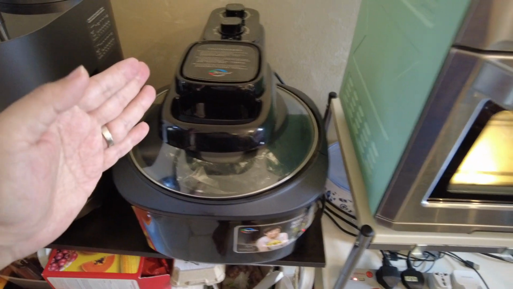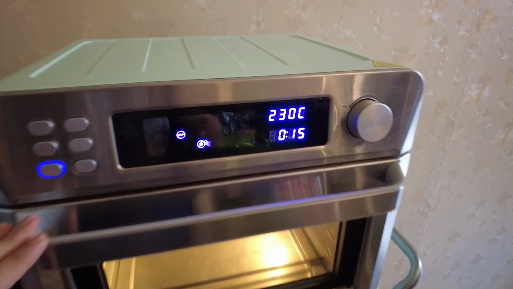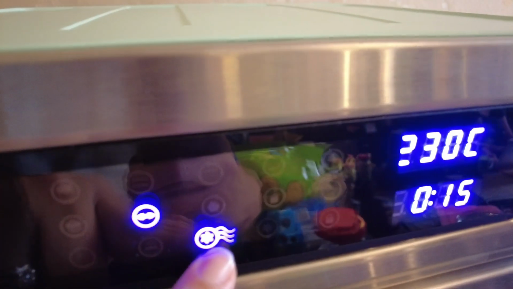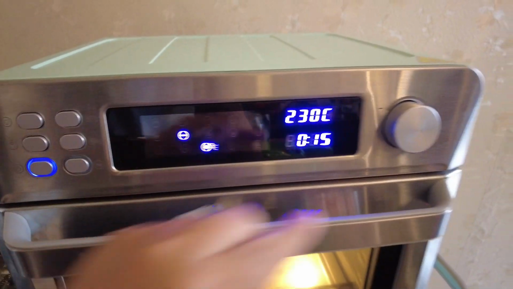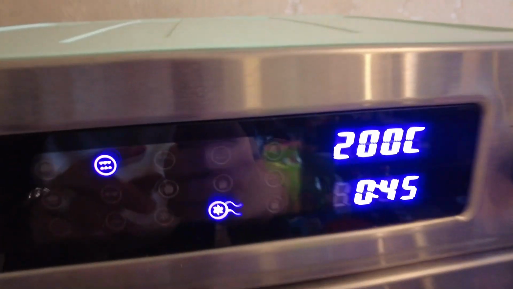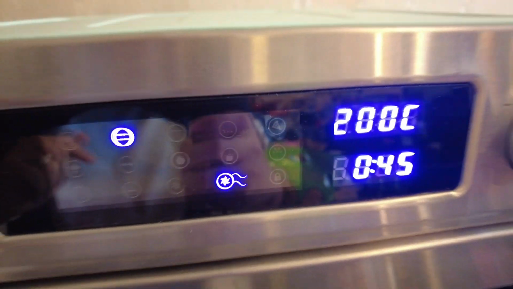But the Enhans 24 liter actually comes with both. This is strong convection, meaning strong fan, and this is the weak fan, weak convection.